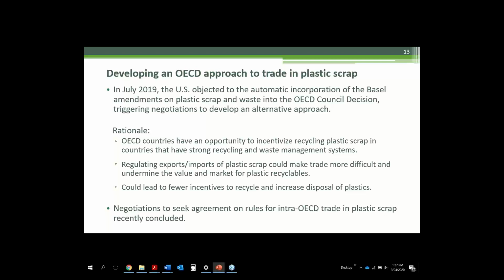So we did not support the automatic incorporation of the plastic scrap listing changes in Basel into the OECD. Our concern was that it's going to create extra steps. It's going to make imports and exports of plastic scrap a little more expensive, and it's going to decrease recycling among countries where we want to make it as easy as possible for plastic scrap to move and keep recycling levels as high as we can.